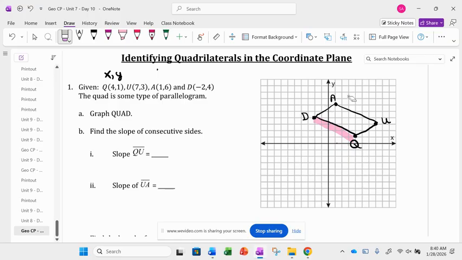Oh yeah, QU and DA are consecutive to QD. Noah, I'm going to have you come back up to the table you were at before. Jack and Jonah, I'm okay with you staying there. Sebastian, I'm going to have you come up next to Jack M.